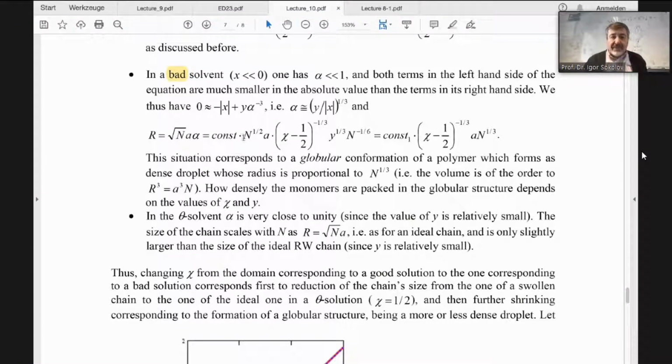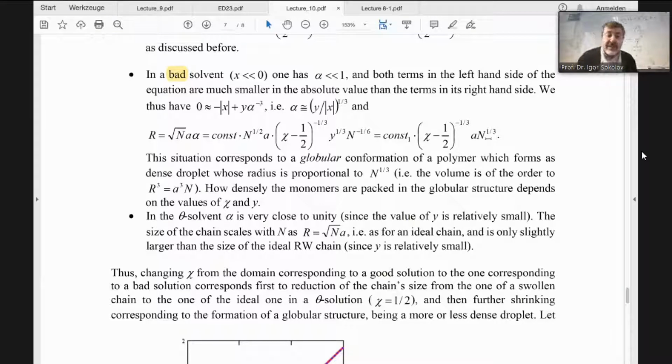Wonderful. Now I put this alpha here, which means to get the radius, I have to multiply R0 by alpha. This is R0. This is my alpha. And this is what I get. So I get y to the power of minus 1/2, because it was minus x, now the absolute value of x, to the power of minus 1/3, and n to the power of 1/3.